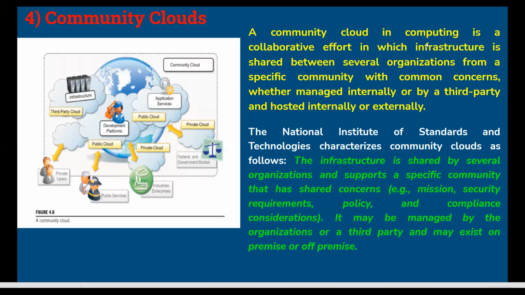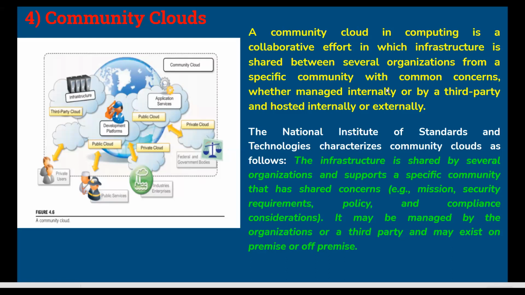So the fourth type of cloud which we are going to look into here is community cloud. Okay, we have already seen public cloud, private cloud, and hybrid cloud. This is the fourth, which is community cloud. So basically, community cloud is something where you're going to share this particular cloud across different organizations, or you can say community people who have the same taste, the same likings, or the same requirements as well.